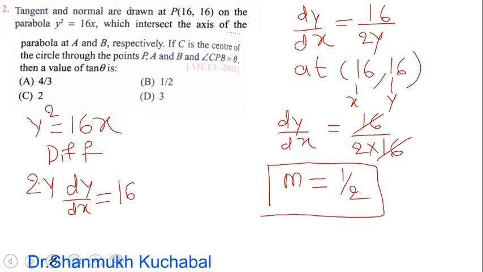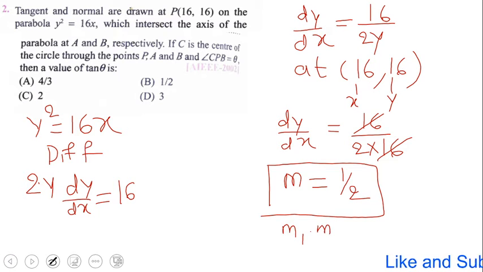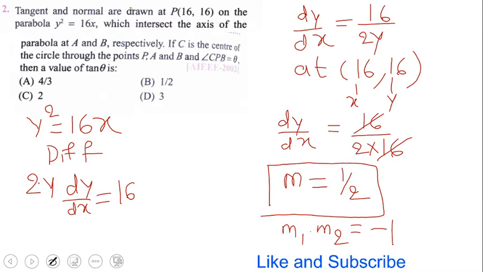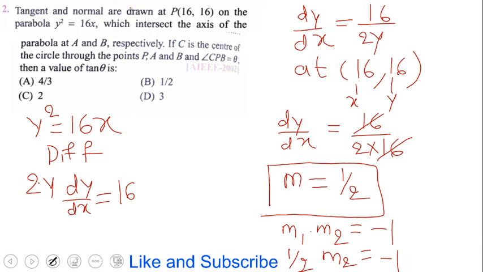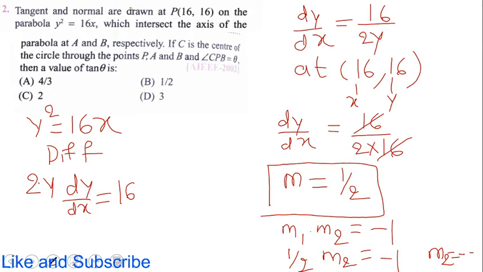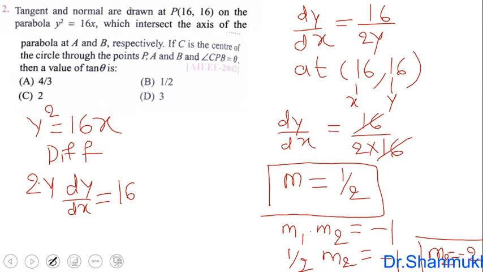Further, if the lines are perpendicular, we have the perpendicular condition: m1 into m2 is minus 1. So m1 I take as 1/2, and m2 I calculate. So the m2 solution is clearly minus 2. m1 is 1/2, m2 is minus 2.